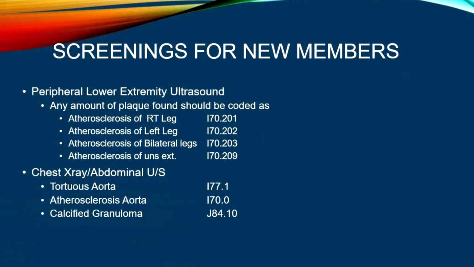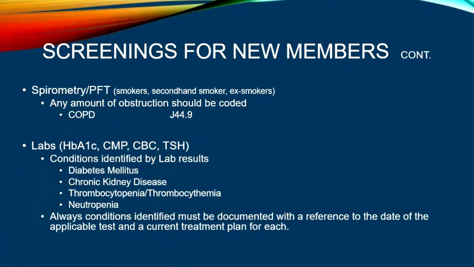And let me just say, any amount of plaque found on that ultrasound is eligible to be coded. We also ask that they do either a chest x-ray or an abdominal ultrasound, and you can see the diagnoses that we typically find from those x-rays or ultrasounds.